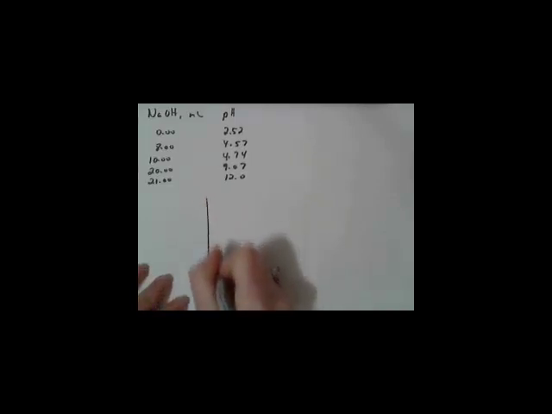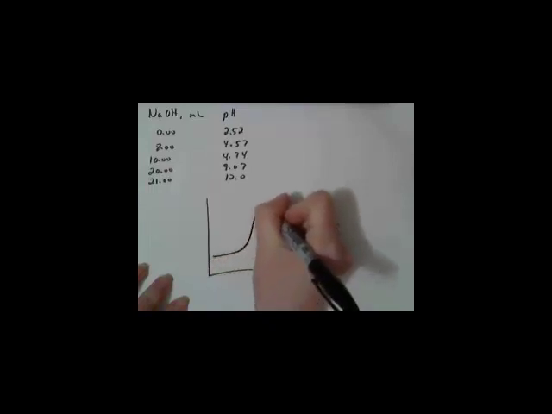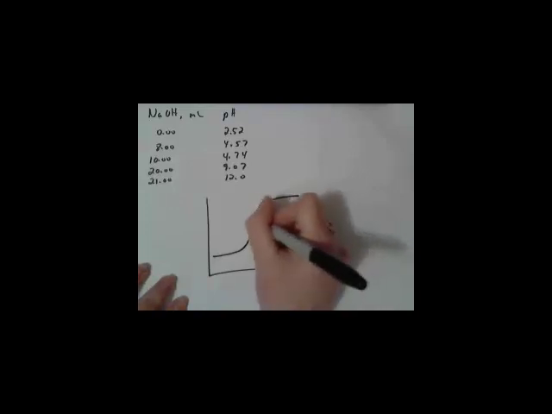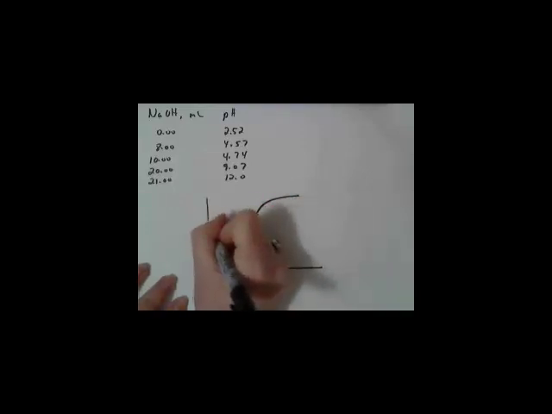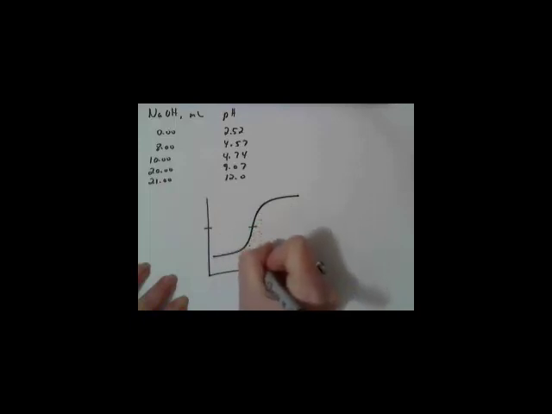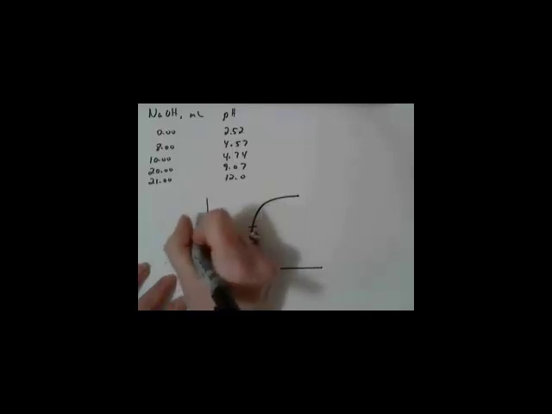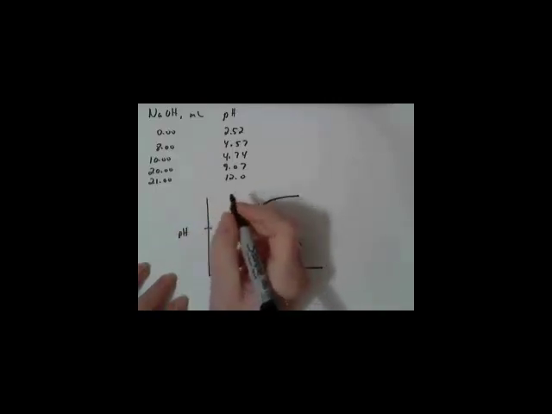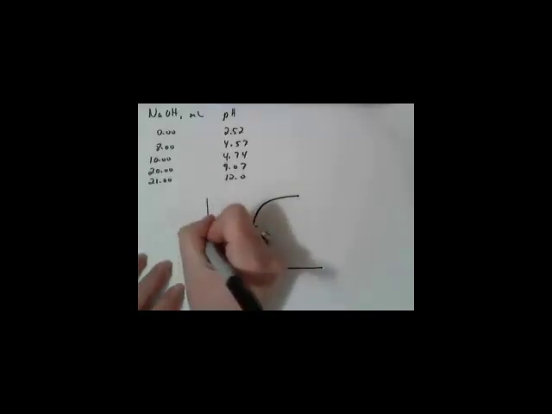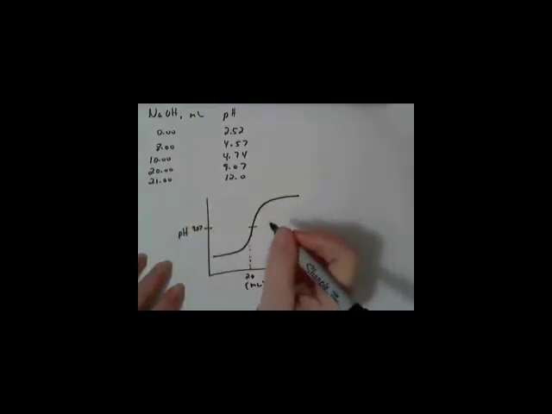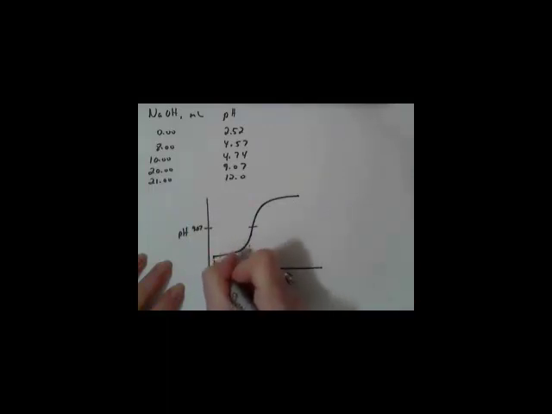So now I'm ready to sketch the curve. It's going to look something like this. Here's our steepest part. Our equivalence point here was 20 milliliters. This will be the number of milliliters of titrant, and this is our pH. So our pH at the equivalence point is 9.07. Initially at 0 milliliters, we started off with a pH of 2.52.